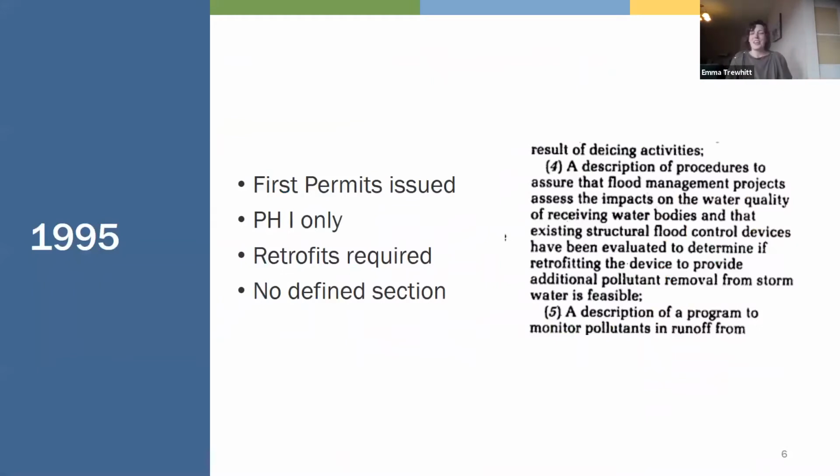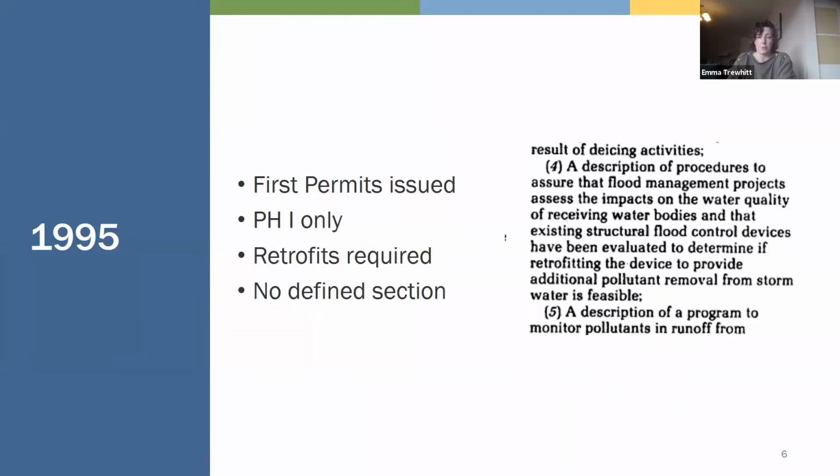So starting at the very beginning here, Ecology combined federal requirements of the Clean Water Act with the state requirements of the Washington State Water Pollution Control Act to initiate a combined stormwater NPDES and state waste discharge permit in 1995.